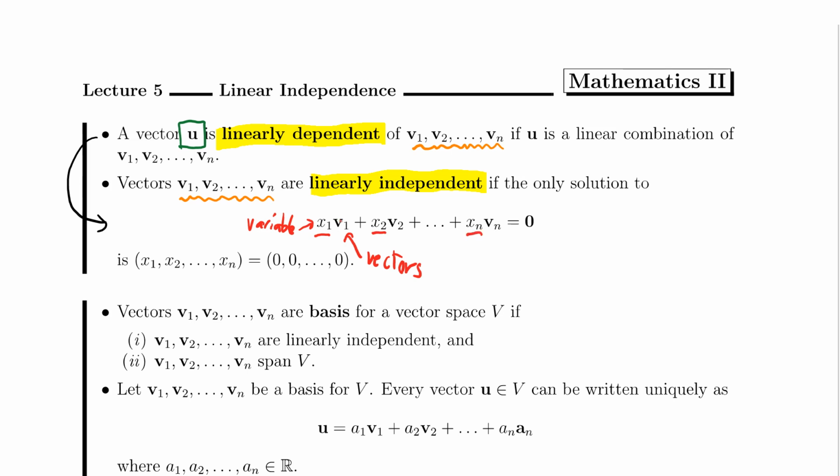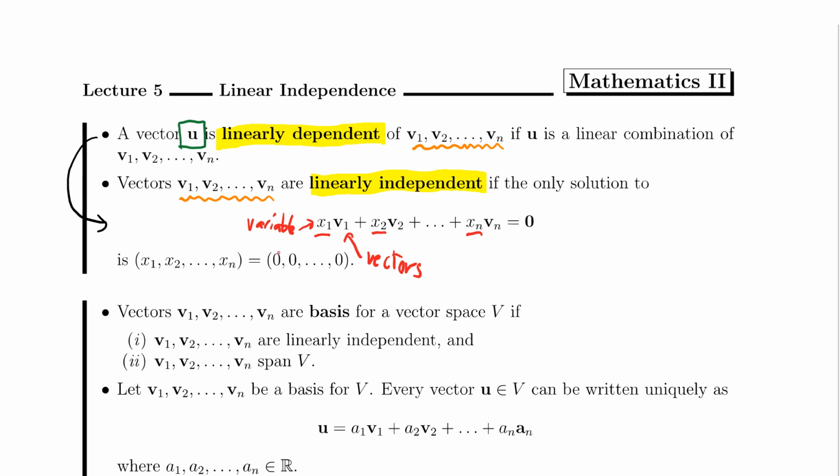If x1 times v1 plus x2 times v2 plus and so on until xn times vn, and I set that equal to 0, again my x are the unknowns. If when I solve this vector equation the only solution that I have is all the x equal to 0, then I'm going to say that these vectors are linearly independent.